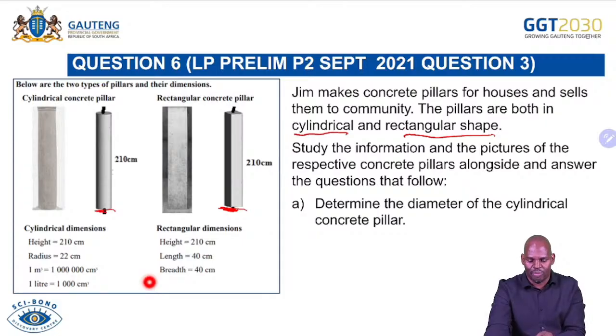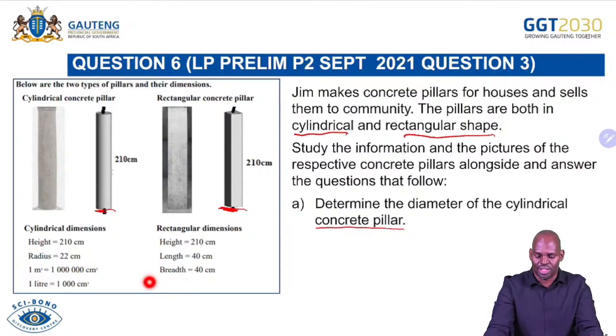Then they say study the information and the pictures of the respective concrete pillars alongside and answer the questions that follow. A, determine the diameter of the cylindrical concrete pillar. Now we have to check the information. The cylindrical is this one.